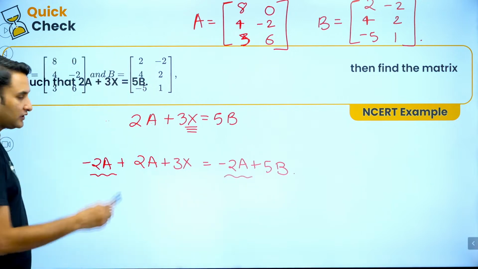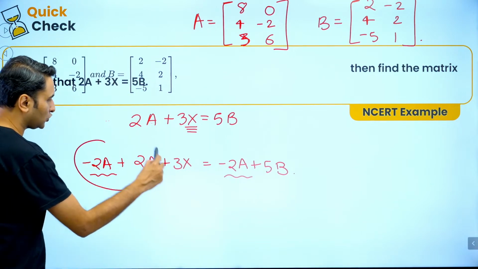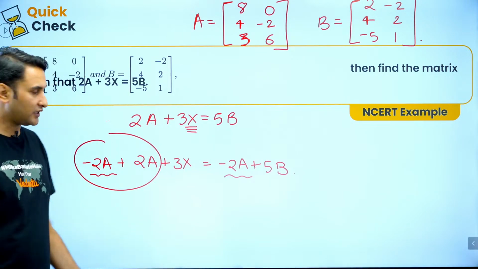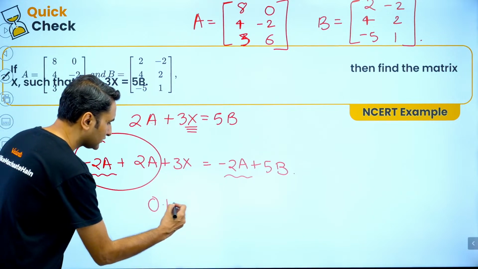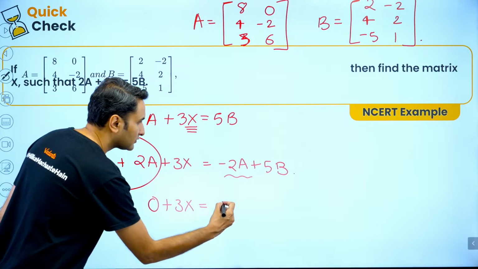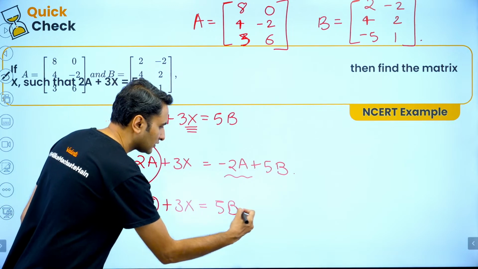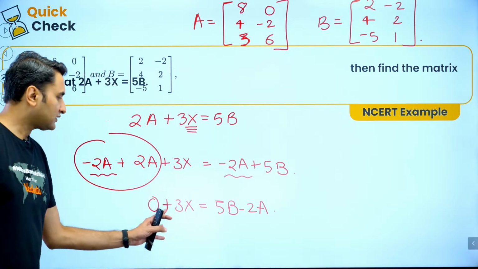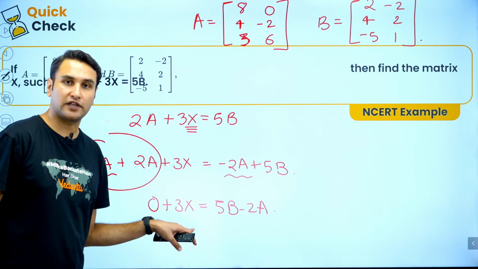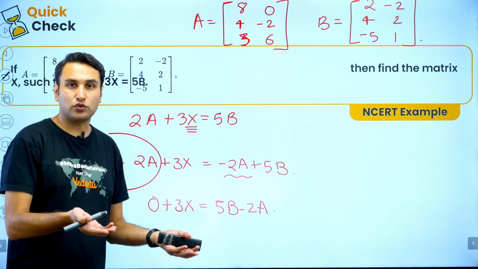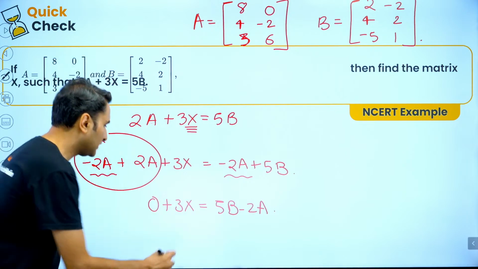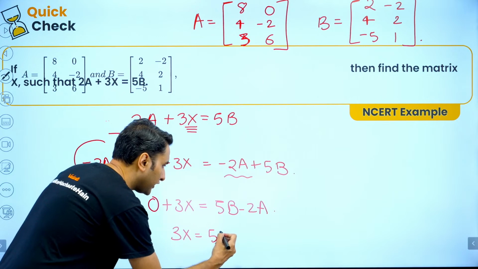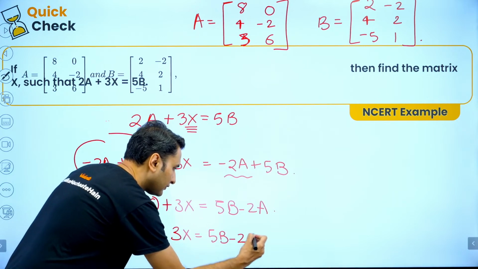But what will happen? This minus 2A and 2A, when they get added, it will create a null matrix, a zero matrix. But what is null matrix plus a matrix? Null matrix, when you add to something, it will give you the same. So basically 0 plus 3X is nothing but 3X is equal to 5B minus 2A.